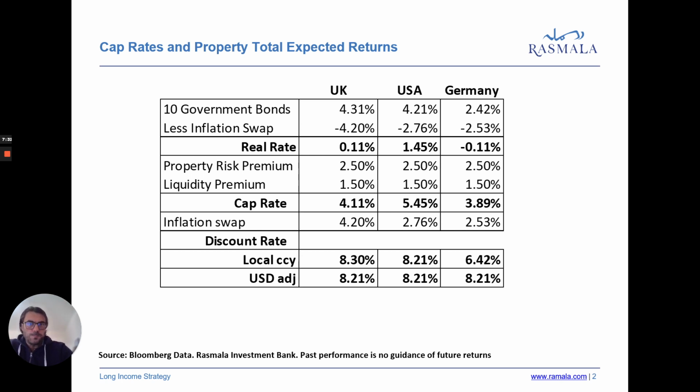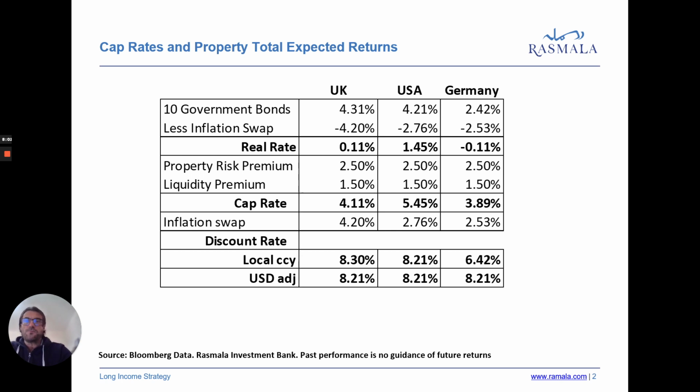But today, if I were to decide to invest in fixed income or real estate, I cannot just compare the cap rate with the interest rates, because the properties are priced to deliver a premium over and above the interest rates.